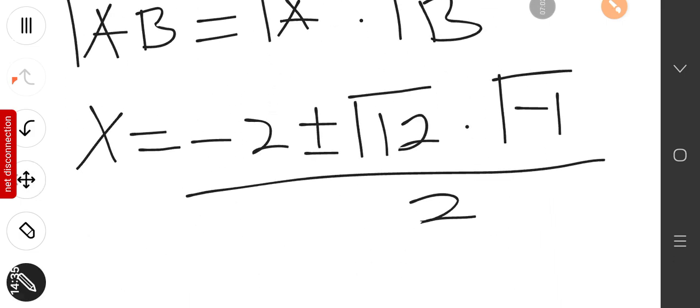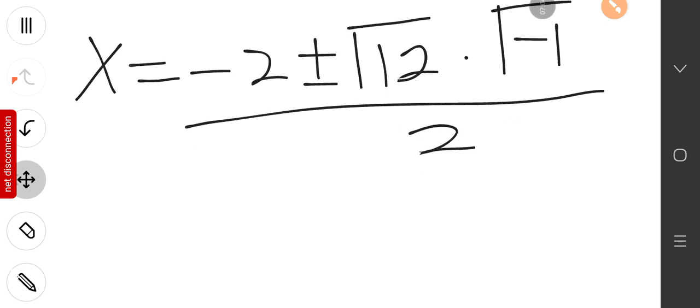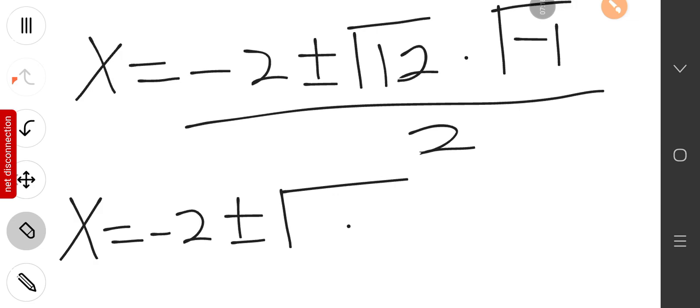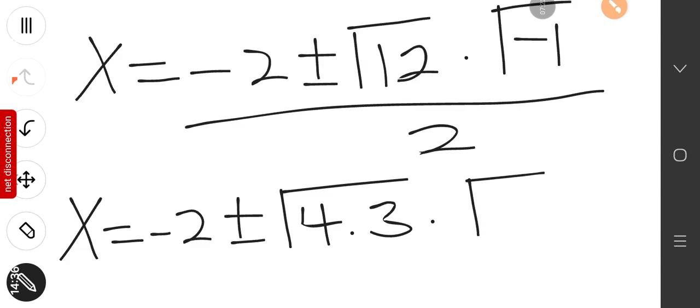All over 2. Now, 12 is the same as 4 times 3, so we've brought in our minus 1.